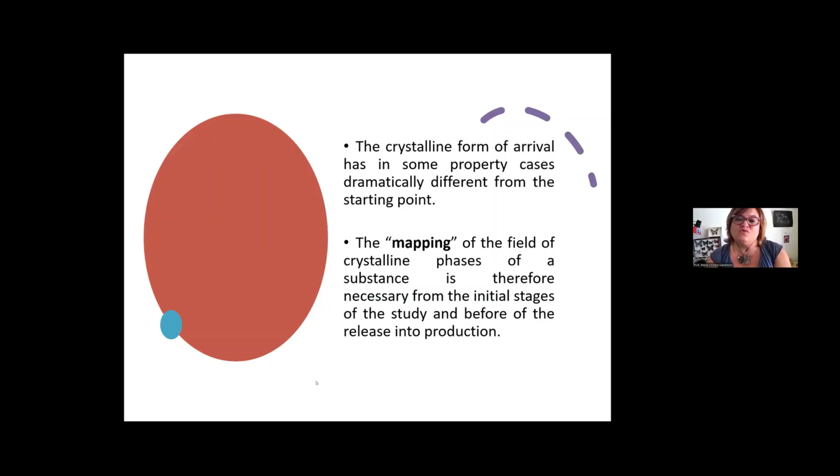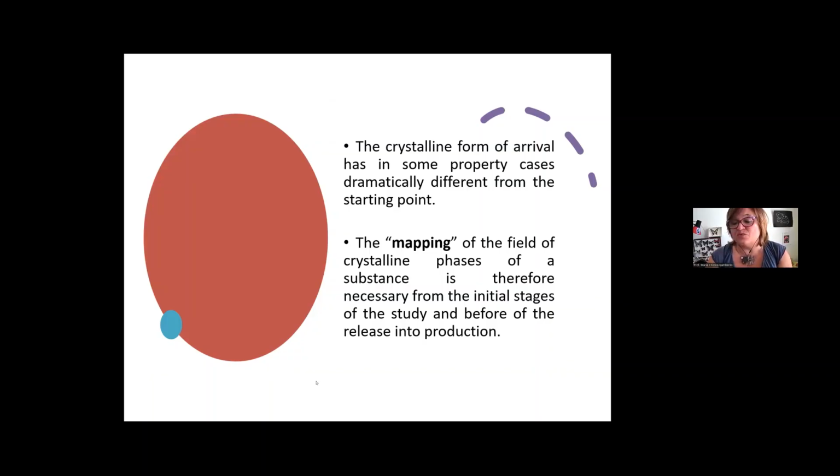In this talk, I'm talking about the end: we characterize the solid forms, and it's finished. The work is finished? No, the work is not finished. Inside pharmaceutical firms, they have to do a mapping, from the beginning, and a monitoring control until the end.